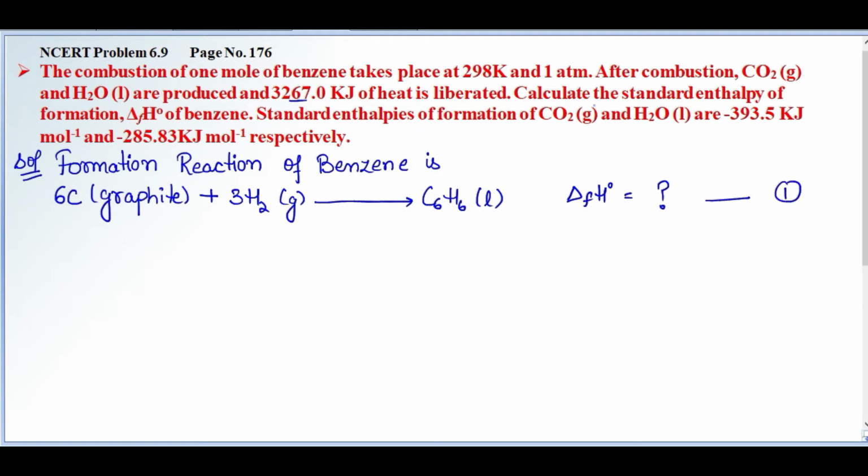What they have given to me, after combustion carbon dioxide and water are produced. Now they are saying if I'll combust 1 mole of benzene, carbon dioxide and water will be produced, right? So you just write enthalpy of combustion of benzene is, now just focus on the reaction, what they are saying.